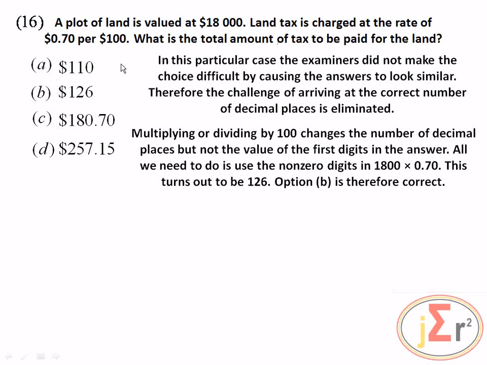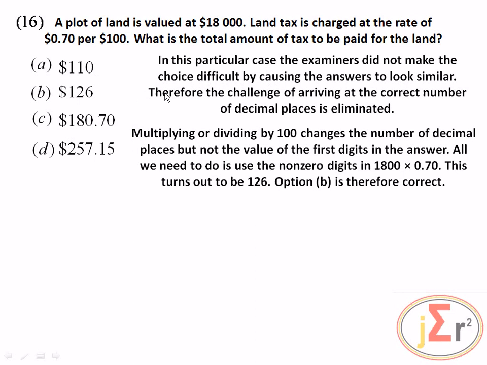So this 100 will not affect the value of the digits. If we are multiplying or dividing, it will just affect the number of decimal places, but will not affect the value of the digits or the sequence of digits that we have right here. As I said before, I would prefer to see in the options probably 1,260, 12.6, 12,600.